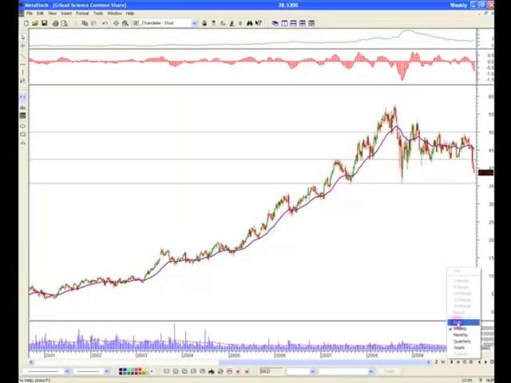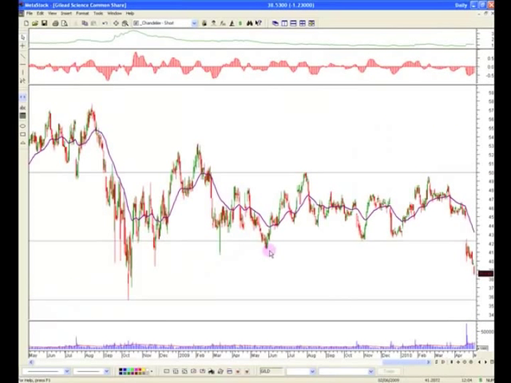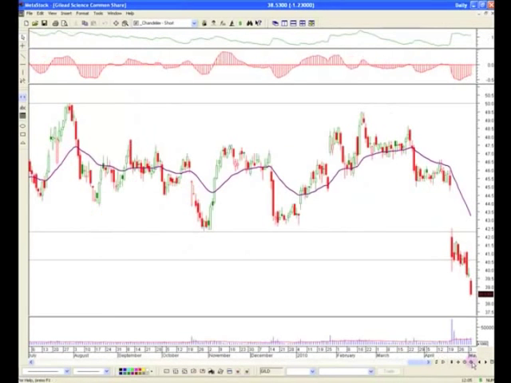So let's have a look at the daily chart. So there's quite a few support areas in here that this share's created over time, and it's gapped through this line and it's moving down again. So definitely had some very strong falls in there.